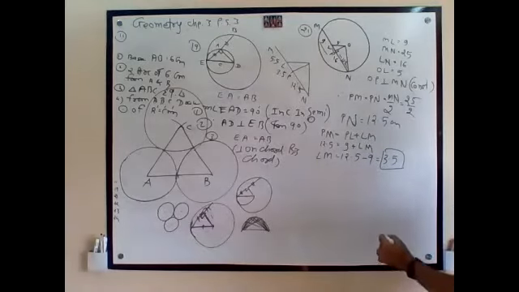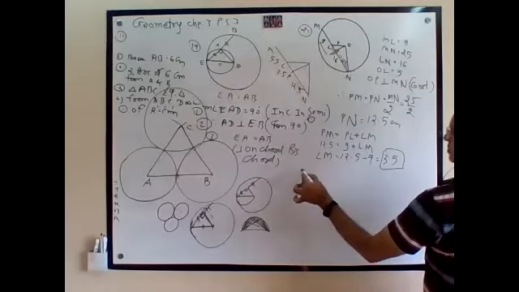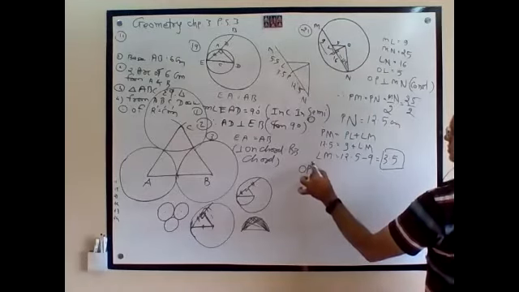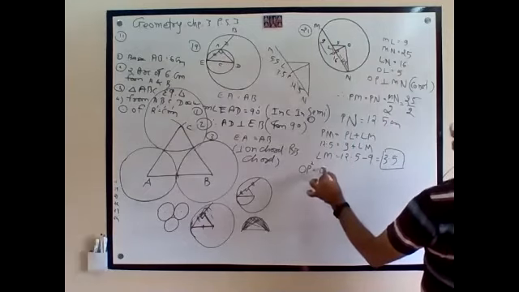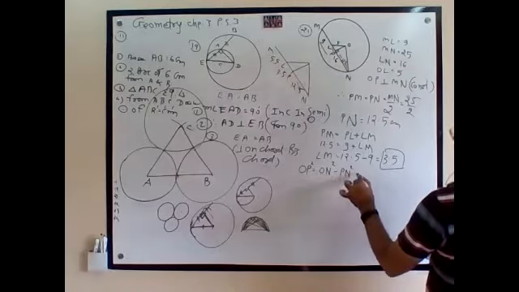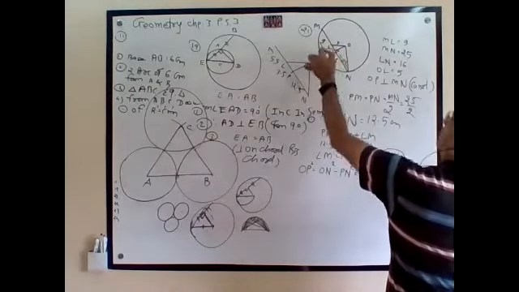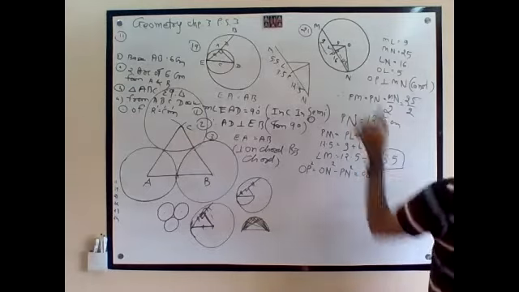Now, from this OP square, in this right angle triangle, it is ON square minus PN square. On that right angle triangle, OL square minus LP square.